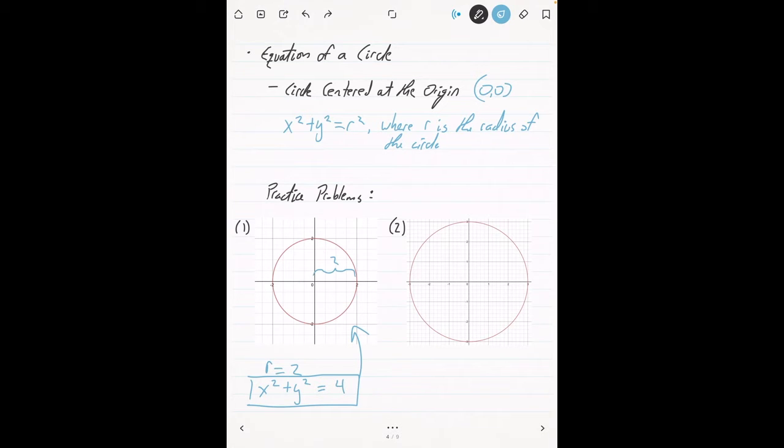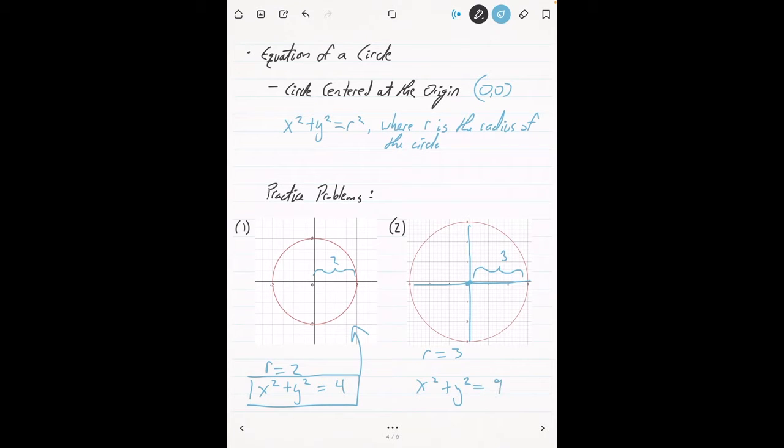So let's take a look at this circle here. Again, it's centered at the origin, and the radius looks to be 3. In any direction I go, to get to a point on the circle, I always have to be 3 units away from the origin, or from the center. So here, my radius is 3. So the equation is x squared plus y squared is equal to, well, the radius 3 squared. And 3 squared, I know what that is.